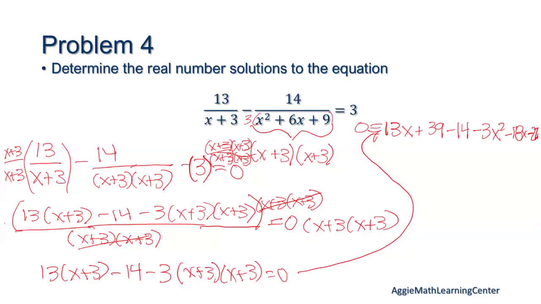So now what do we need to do? Combine like terms. Perfect. Negative 3x squared. Check my math on this. Is this what you guys got?